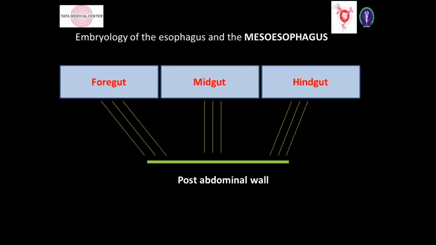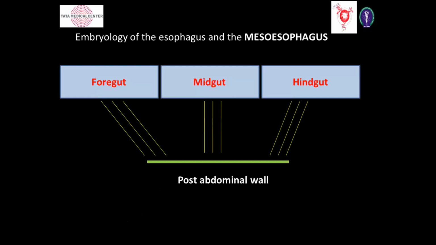While we deal with a patient of esophageal malignancy, three important structures should come to mind. One is something called the mesoesophagus. If you argue with people from an anatomical background, they will never agree that a mesoesophagus exists.